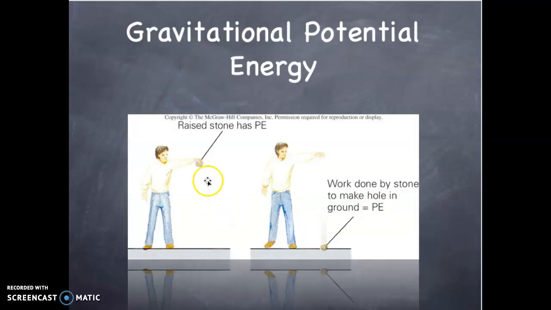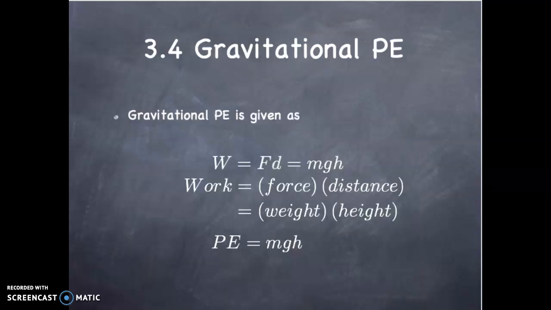For instance, if you raise an object on a pulley a certain height, you raise a stone, it has potential energy, and it can crash into the ground if you let it go. So how much work is done by potential energy? Once again, work is equal to F times D, and it's equal to mg times the height that the object is raised above the reference level.